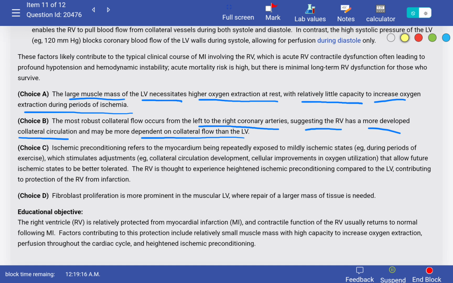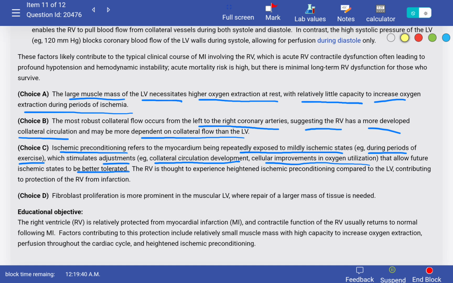Why not option C? Ischemic preconditioning refers to myocardium being repeatedly exposed to mildly ischemic states, for example during periods of exercise, which stimulates adjustments, for example collateral circulation development and cellular improvements in oxygen utilization that allow future ischemic states to be better tolerated.